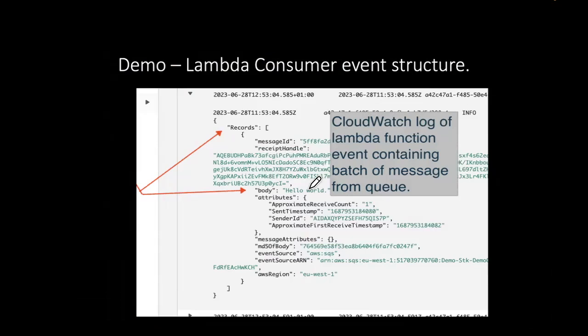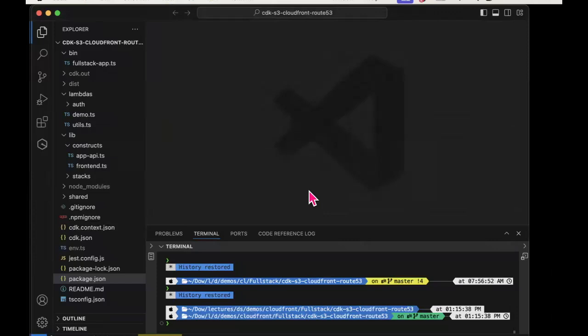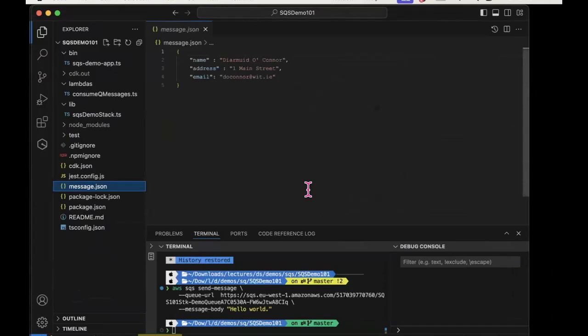Let me just do a quick demo of it, I suppose. So I have deployed it already. Nearly running out of time, but I'm just going to quickly do this demo and then I'll stop the lecture.